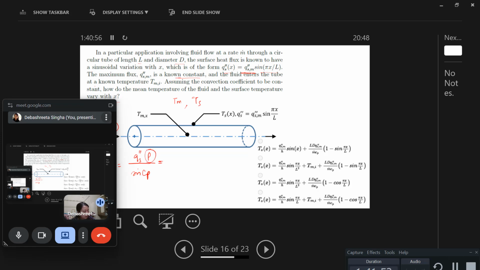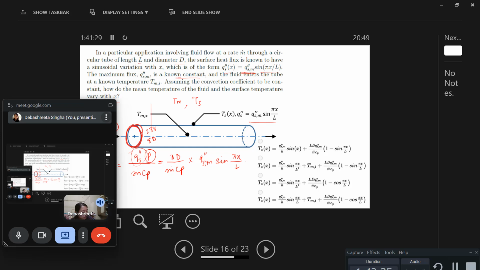The perimeter of this cross section is 2 pi r or pi d. So we can write pi d divided by m dot Cp, times Qs double dash, which is given as Qsm sine pi x by L.